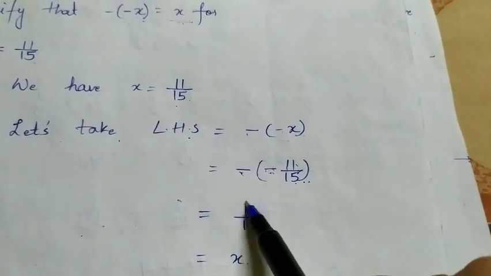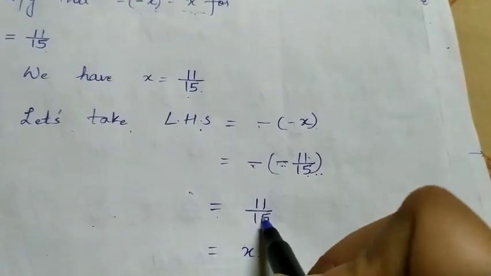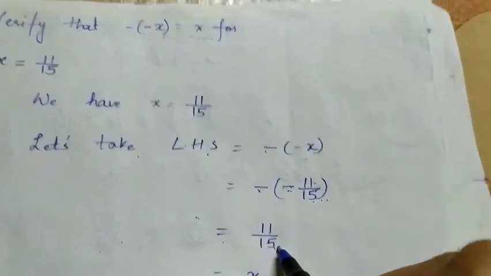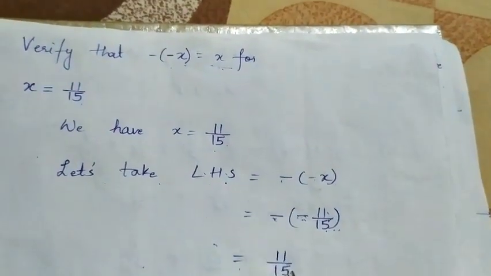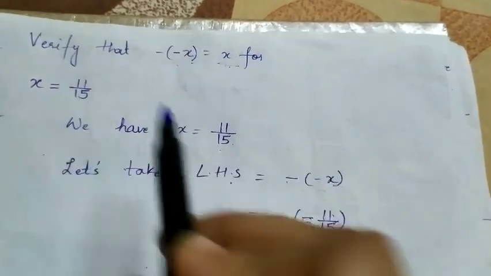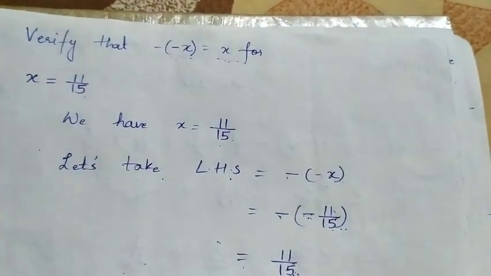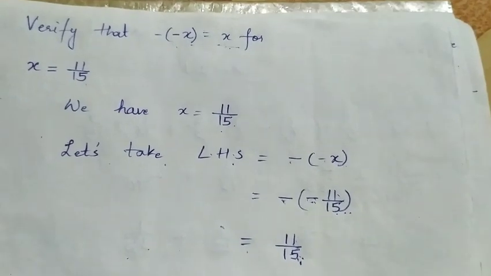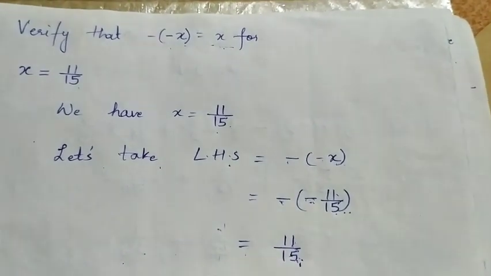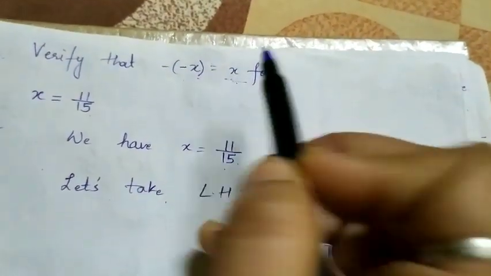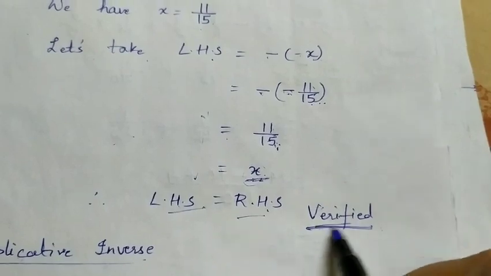So LHS is 11 by 15, and in RHS what do we have? This is equal to x only, which is 11 by 15, so we can write x here. So this side is LHS, and this side x can also be written as RHS. So LHS is equal to RHS. That's why it is verified.